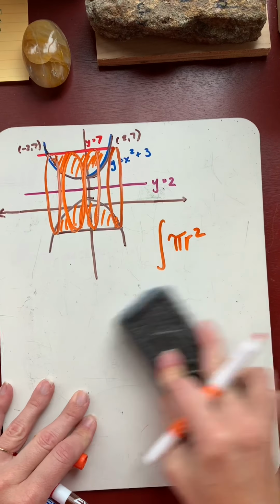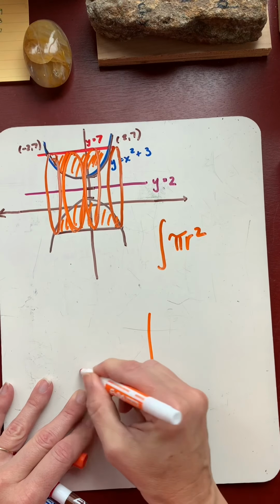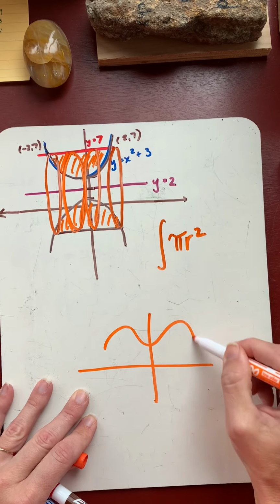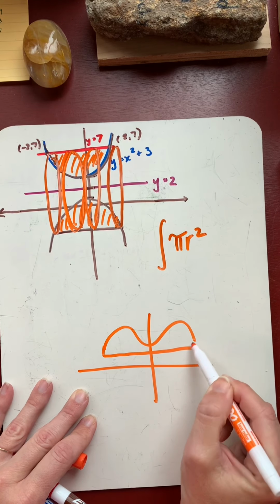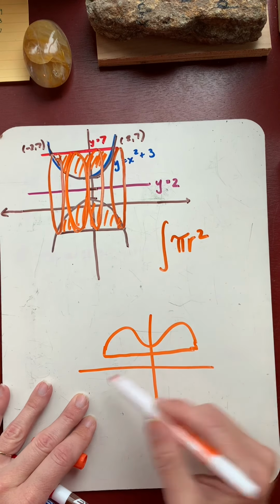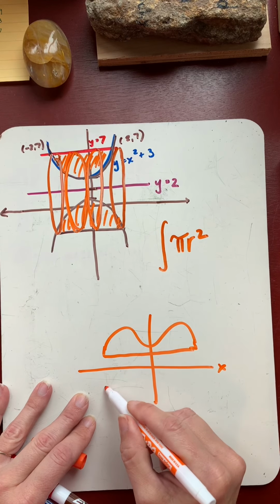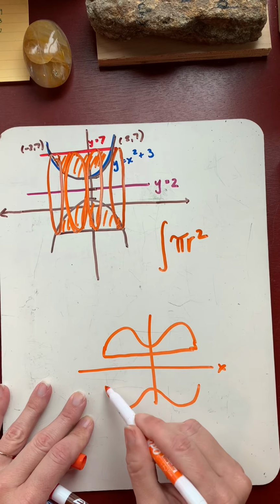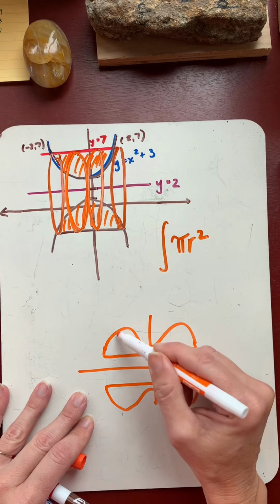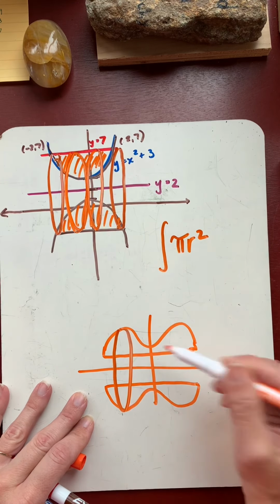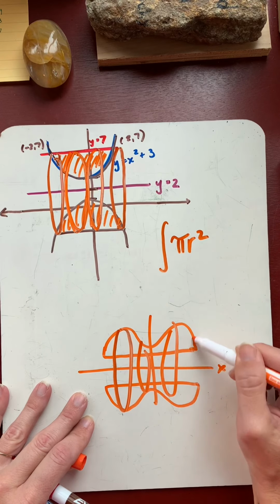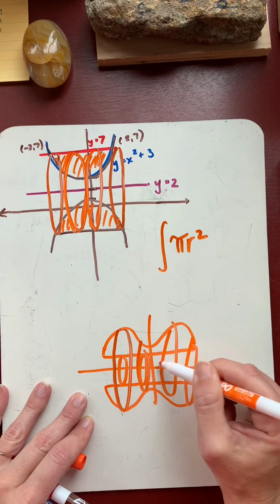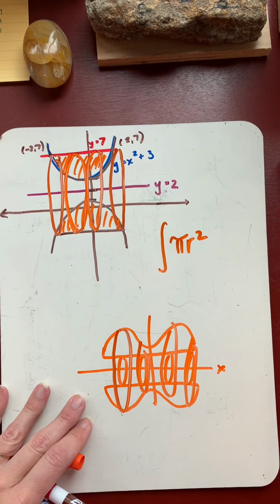But if I change what that looks like, and I do squiggles, but I also do a horizontal line, and I rotate around the x-axis, I want to revolve this, show the mirror image underneath the x-axis. Now I have circles still, but I also have inner space that doesn't count as part of the volume.